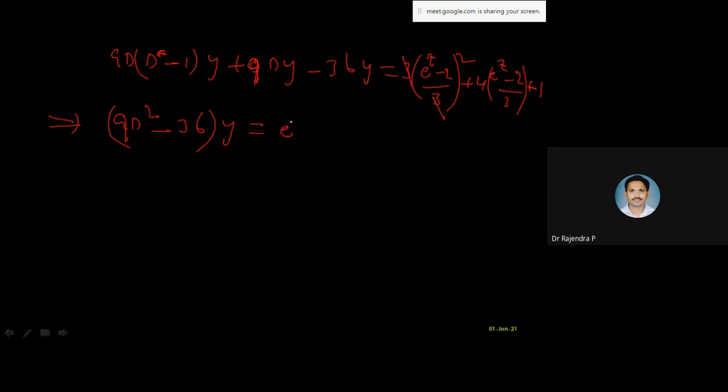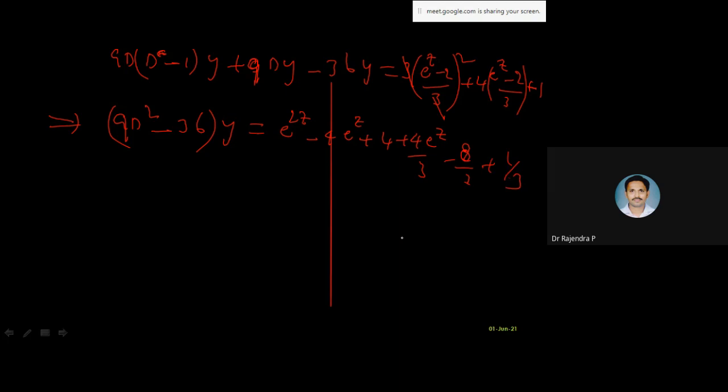When I'm expanding, e power 2z minus 4 into e power z plus 4 here, plus 4 by 3. Otherwise, we can write it as 4 e power z by 3 minus 8 by 3 plus 1 by 3. Correct?